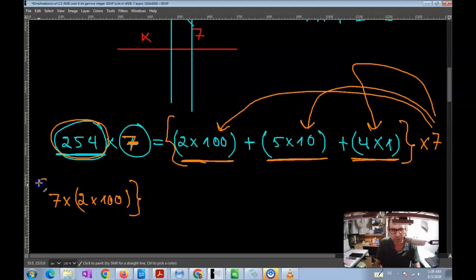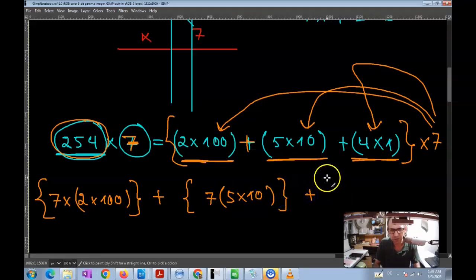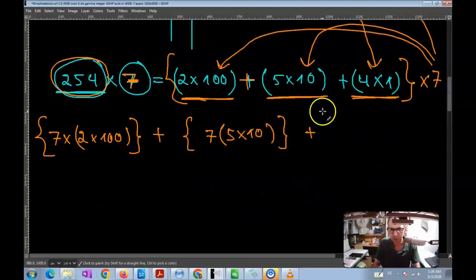That's one part. And then I need to add it to 7 times 5 times 10. And then I need to add this to, again over here, 7 times 4 times 1.